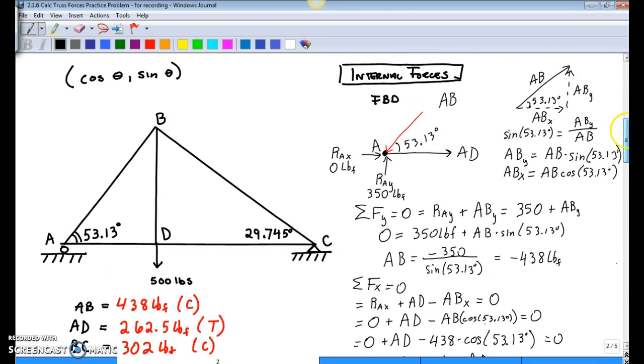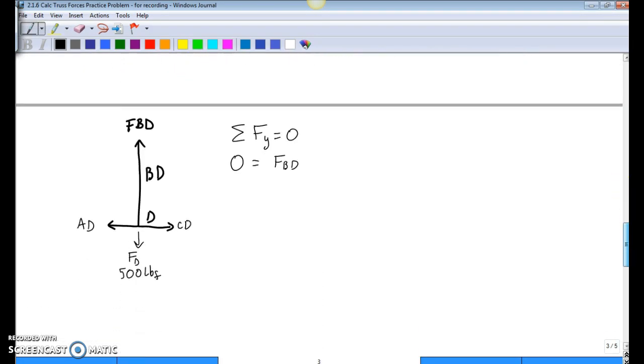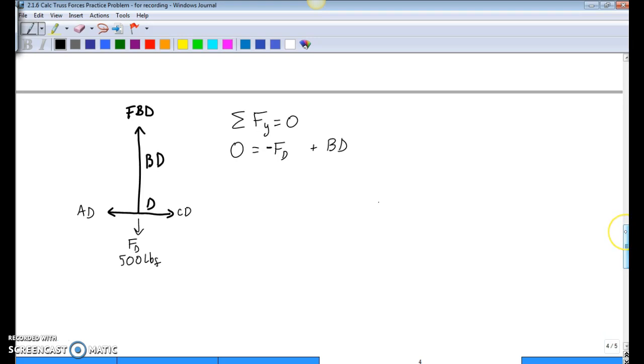Up here, yeah, that's BD in the middle. So we have member BD pointing straight up, and that is our only other force. Right, so force at D is straight down, so I apologize, that's a negative F_D. Yeah. Okay, sorry about that.